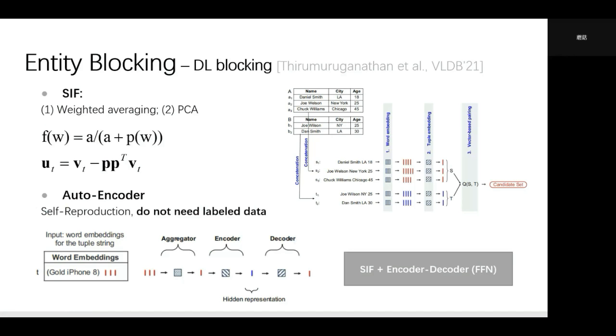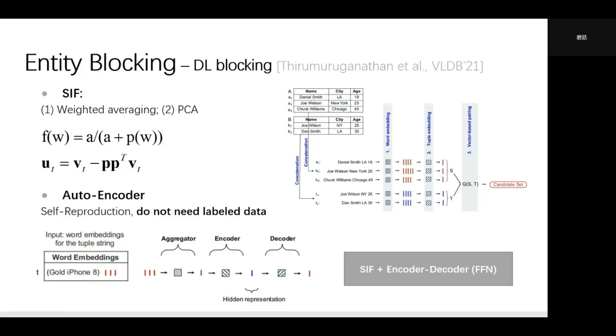And then we use PCA and calculate the tuple embedding for each tuple by subtracting the projection of its aggregation vector over the first principal component, and the UT is the final embedding of the tuple. So SIF is often considered as an aggregator.